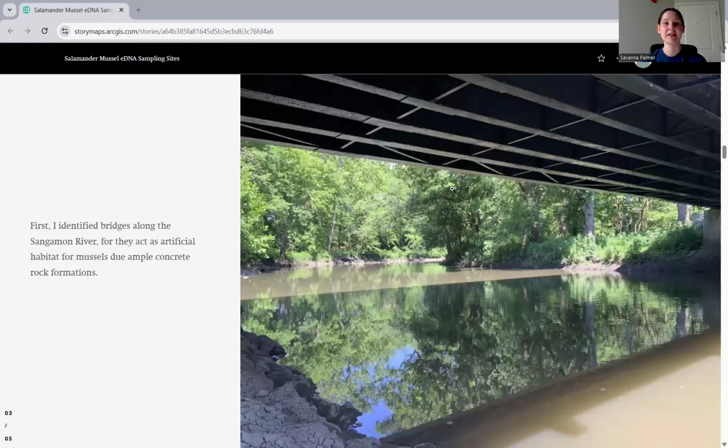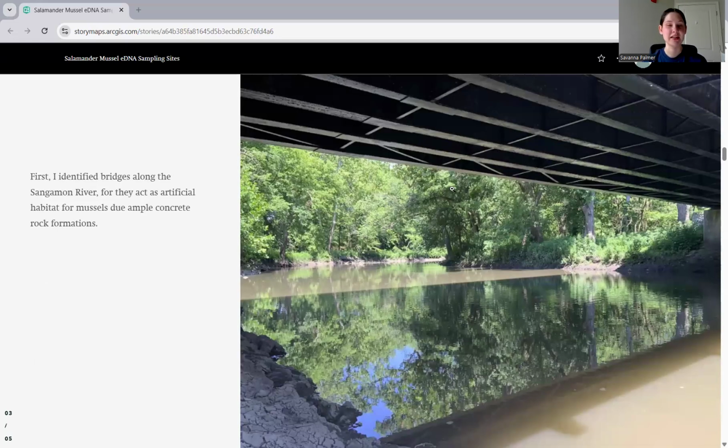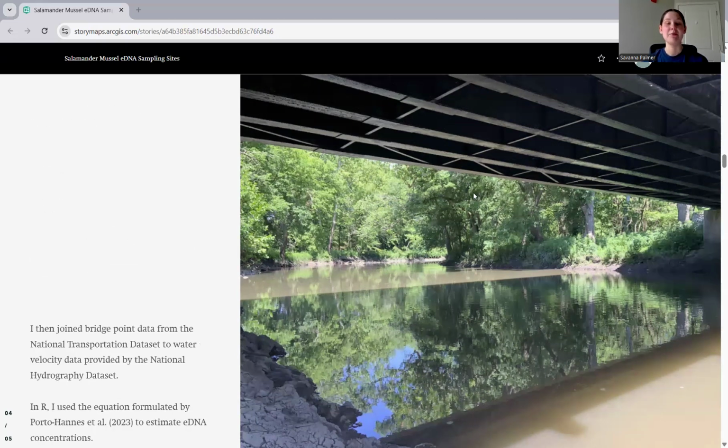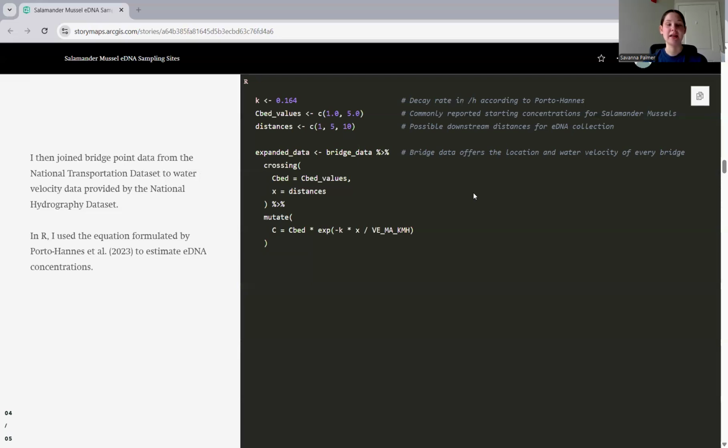First, I wanted to identify bridges with the National Transportation Data Set with shapefile point data. I did this because they often act as artificial habitats for mussels because of the concrete rock formations that happen during construction. I went into R and coded based on the model by Porohanes et al. in 2023, and I used the bridge data and water velocity data from the National Hydrography dataset.